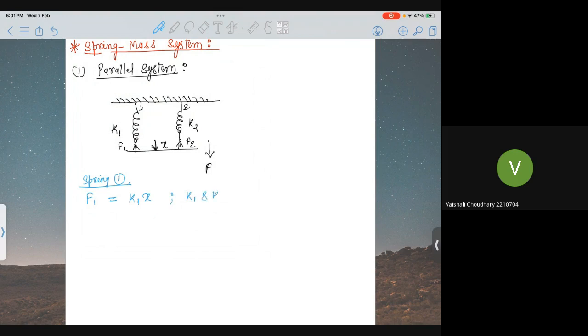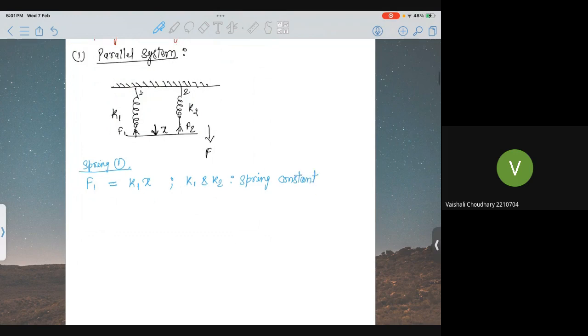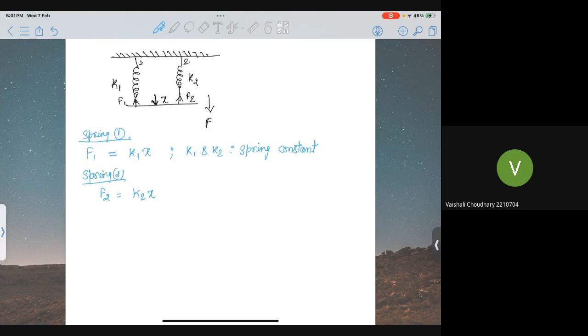where K1 and K2 are the spring constants. Okay. Similarly, for spring 2, F2 is K2 times X, because one end of each spring is attached to a fixed body, and the other ends of the two springs are connected to a point which is common to both.